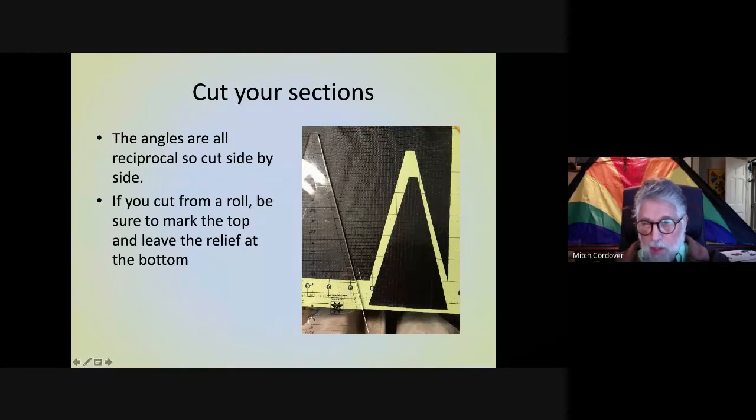You see how I've marked this little section? Because otherwise, if you try to cut this upside down right to this corner, you've lost your 1/4-inch seam allowance. That's clear enough, right? So if you're going to cut them off of a solid roll of fabric, this is the way you would do it.